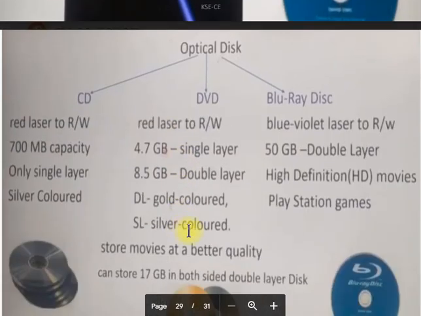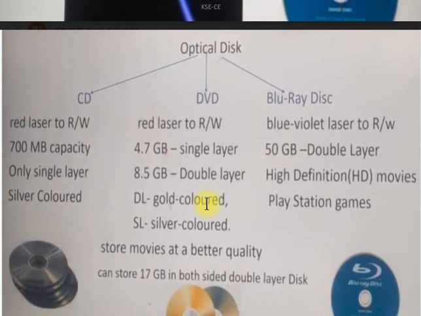Now the most important thing is optical discs. There are 3 types of optical disc. It may be asked in your exam: give the difference between CD versus DVD, otherwise give the difference between DVD versus Blu-ray disc. So in a single slide you can categorize all 3. First of all, CD and DVD both use red laser light.